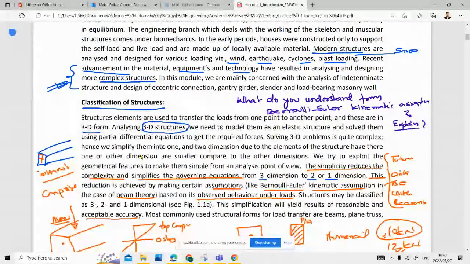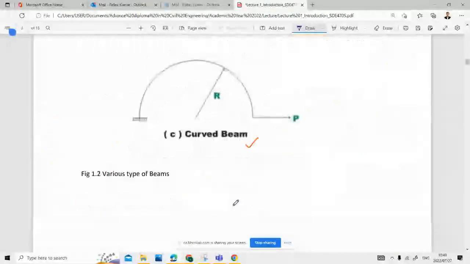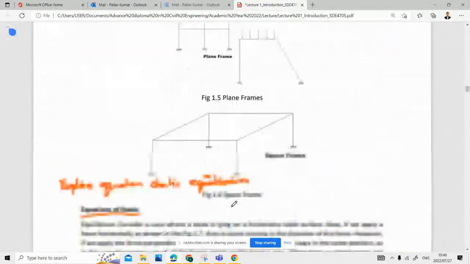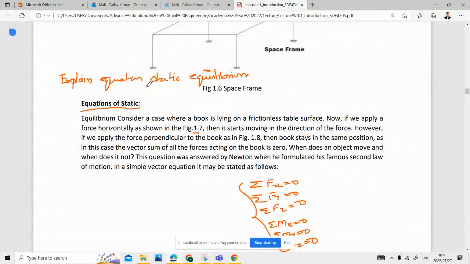So this is the first one. And the next one, I've already given: explain equation of static equilibrium.